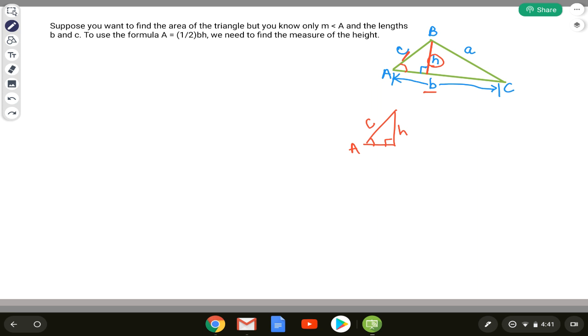I know that the base in this case is B, as it's labeled in the triangle. So I just need to know what the height is. So using this triangle, the red triangle I've drawn, I could use a trig function. So I might, if I'm going to do H over C, H is the opposite side, C is the hypotenuse.